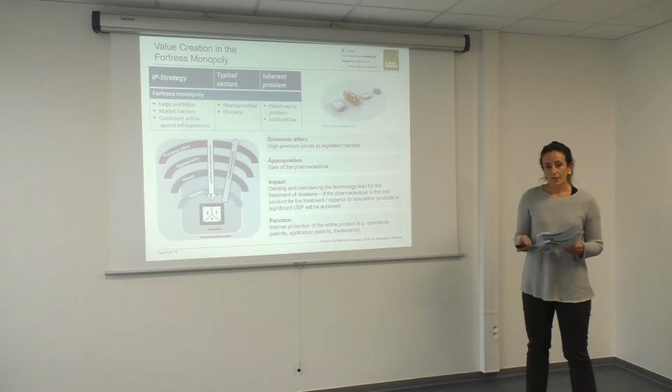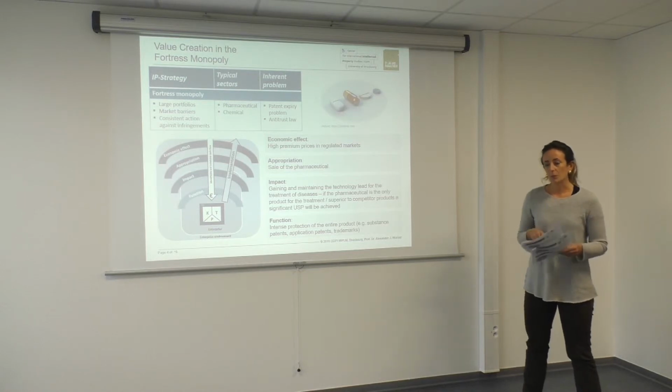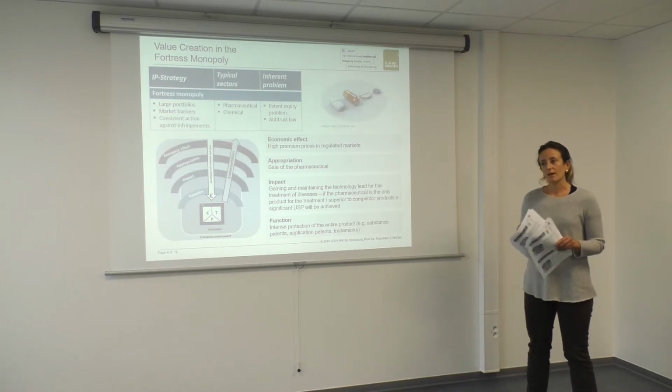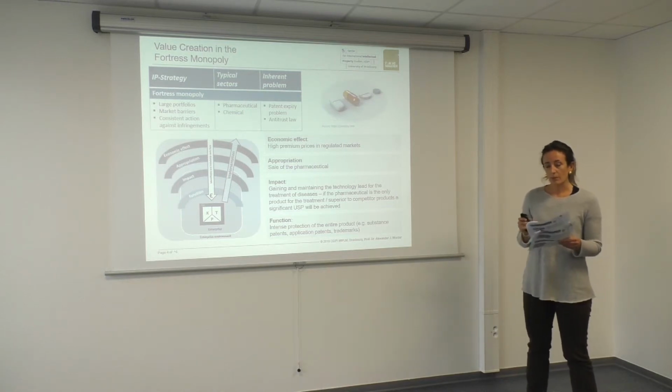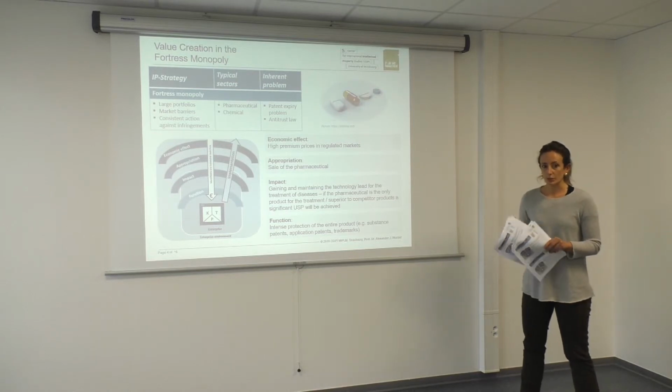So we can internalize the economic effect with direct and indirect appropriation mechanisms when we have an IP impact. The company has the possibility to command a higher price with the unique selling proposition.